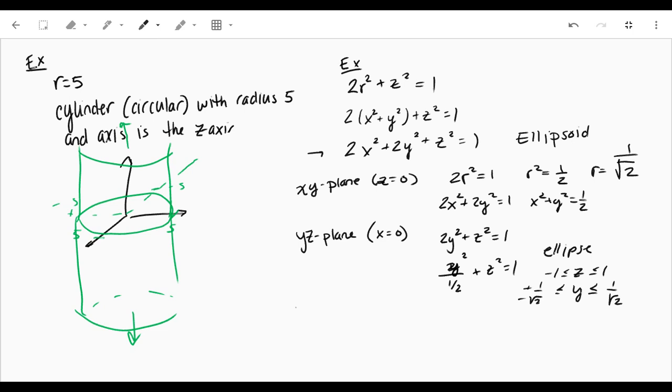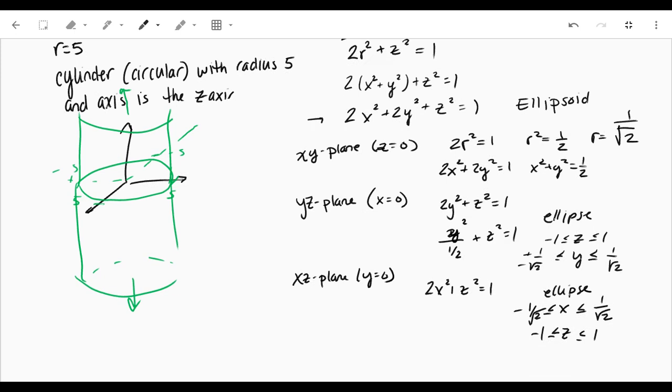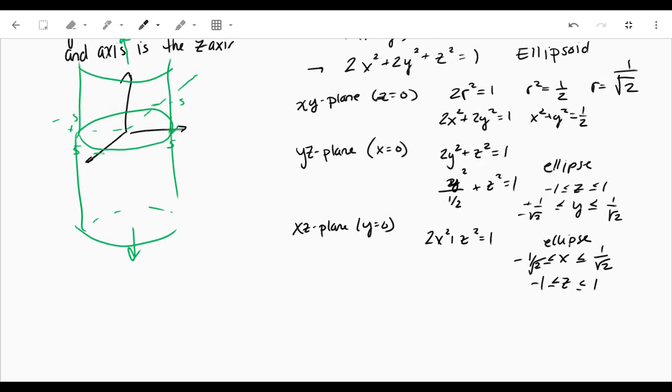And then you'd have the same thing in the xz plane. If y were 0, then we'd have 2x squared plus z squared equals 1. So same thing, it's an ellipse, but now x is between -1 over root 2 and 1 over root 2, and z would be between the -1 and the 1. Okay, so you can kind of draw that little like egg shape there. Let me make some room here.